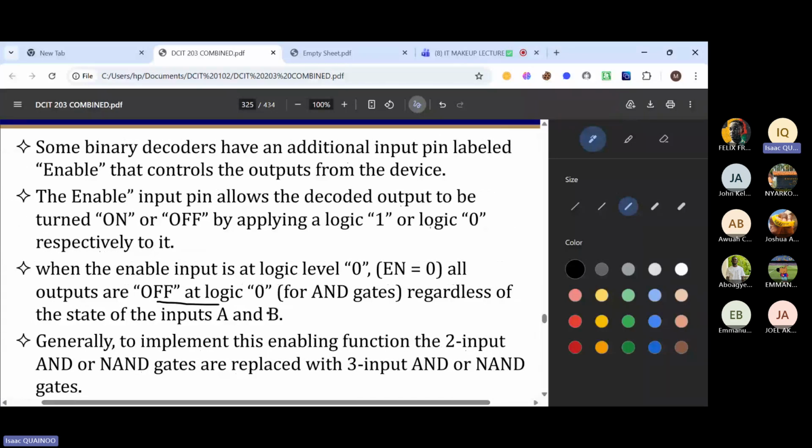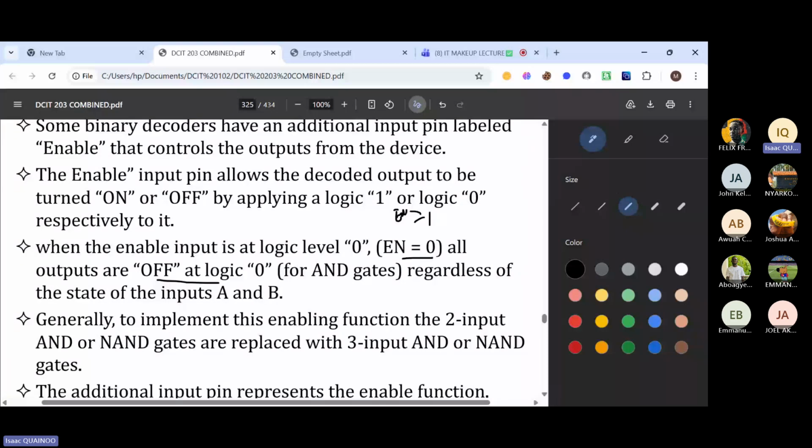So when enable is equal to 0, even if you give it an input, the circuit is unable to return an output. But if En is equal to 1, then the circuit is able to return an output if you feed it with an input.